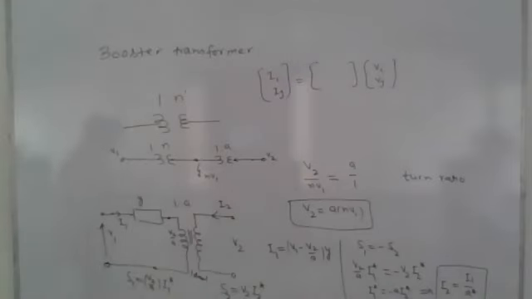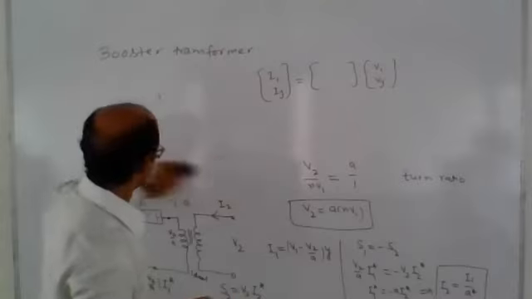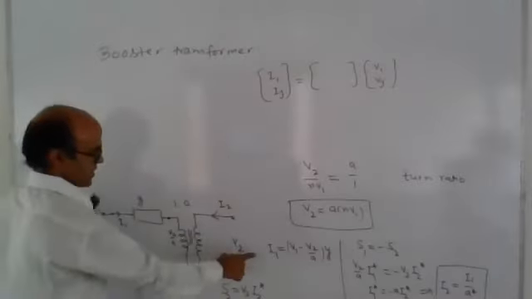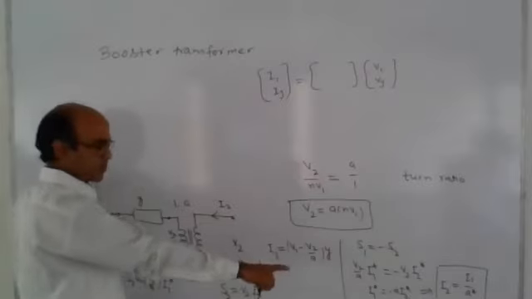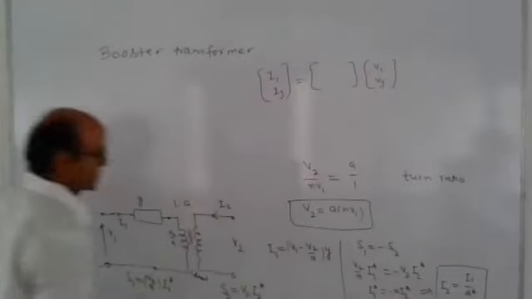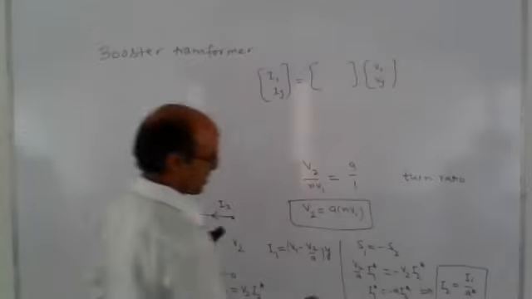And what is I2? So put the value of I1 here, you can get I2. I1 already we have. We want I2, so put I1 here, with the negative sign.